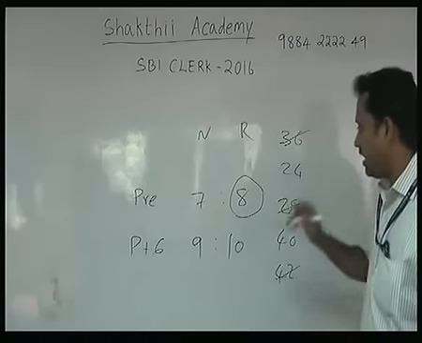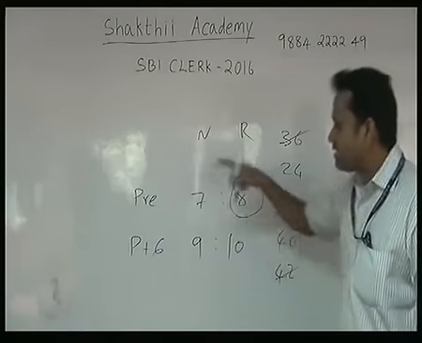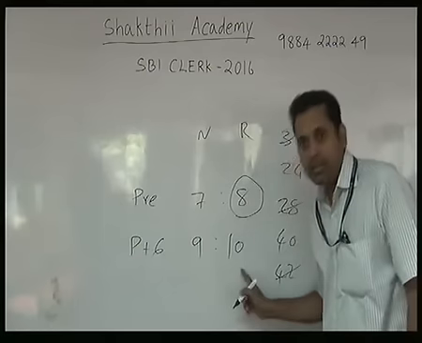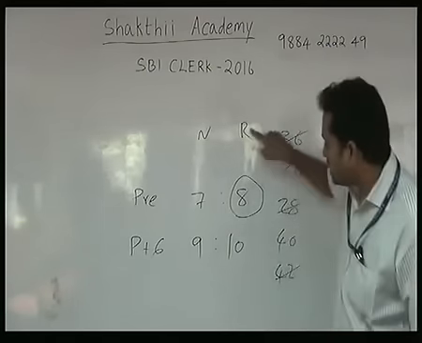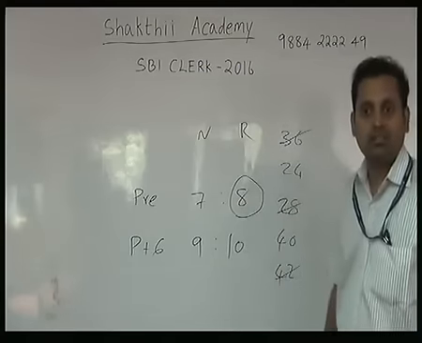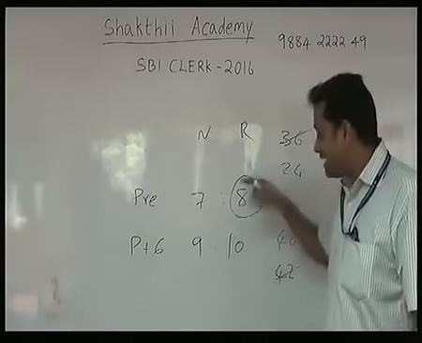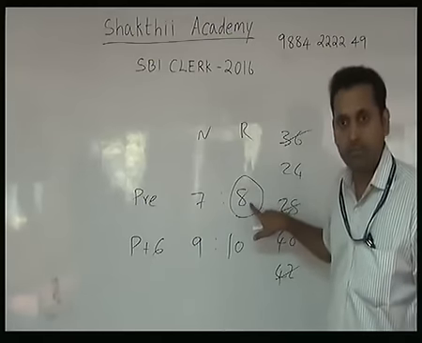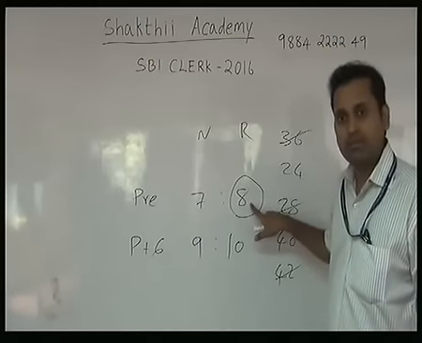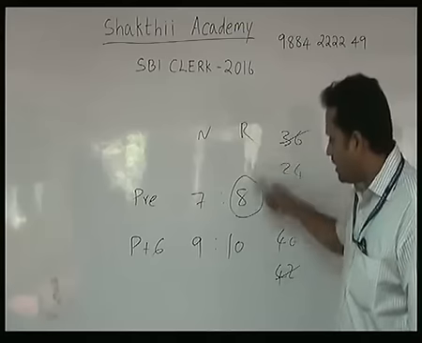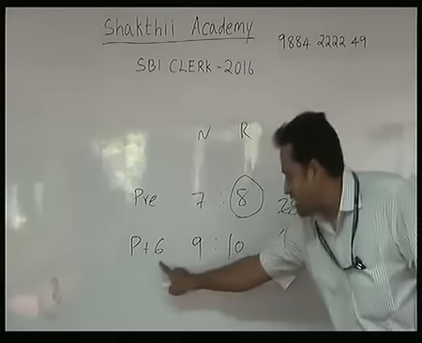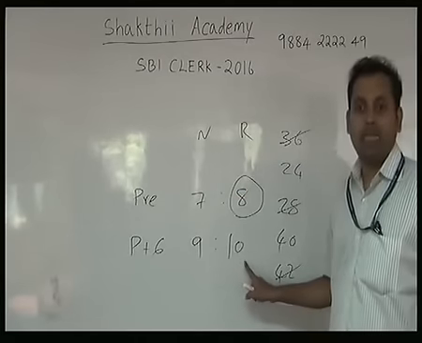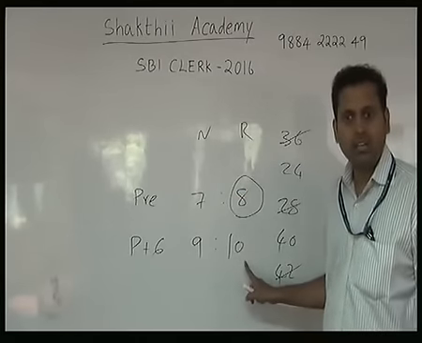Just listen. You need to understand, after 6 years the age must be a multiple of 10. Yes, after 6 years the ratio part is 10, so the age must be 10 into something.